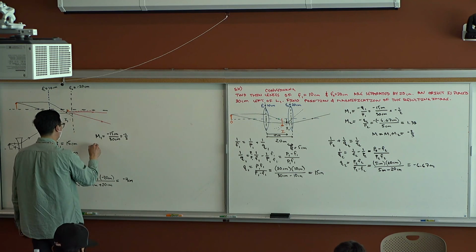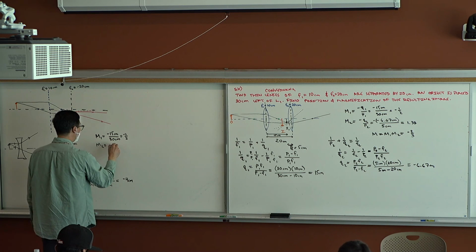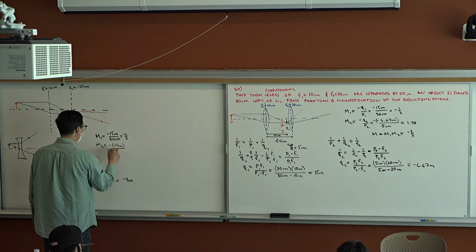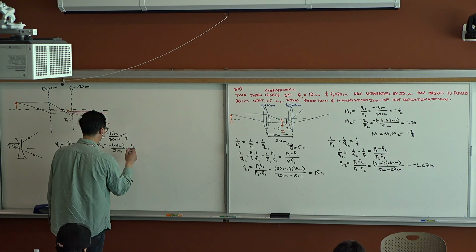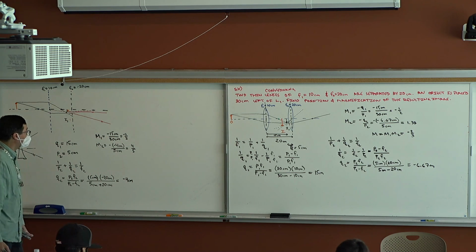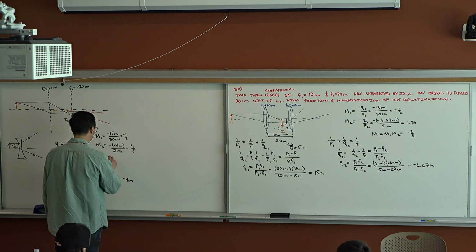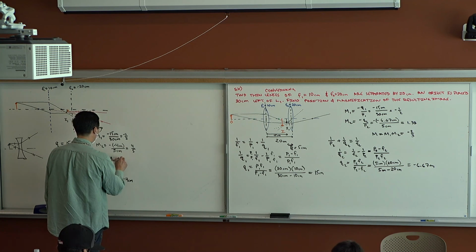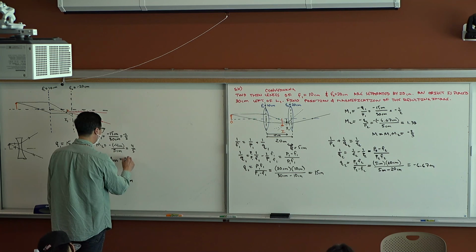And M2 is minus 4 centimeters over 5 centimeters, which is 4/5. And so M total winds up being minus 2/5.